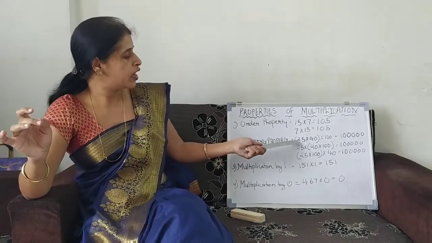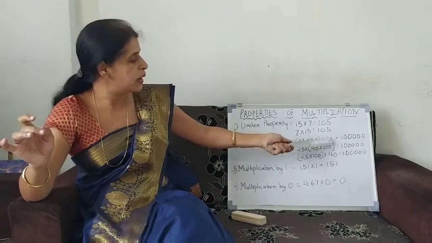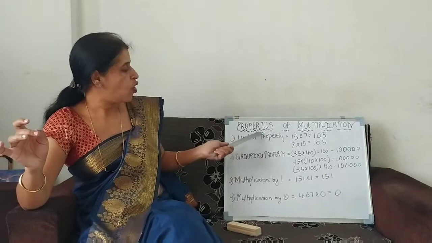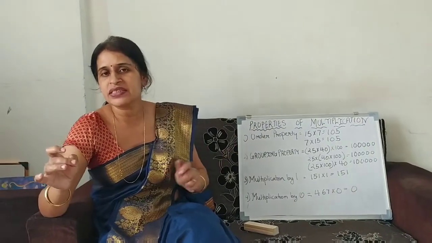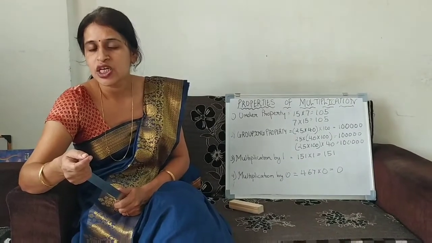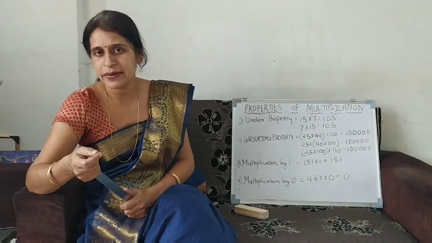Grouping property, any two numbers can be grouped and the third number can be outside the bracket. The answer you get is the same. And order property, arrange the numbers in any way, but the answer is always the same. So these are the four main properties of multiplication.